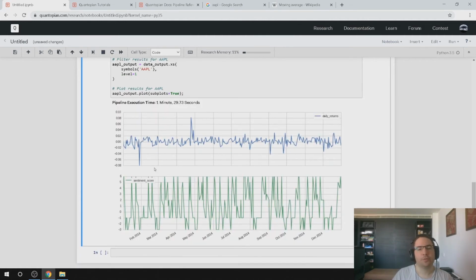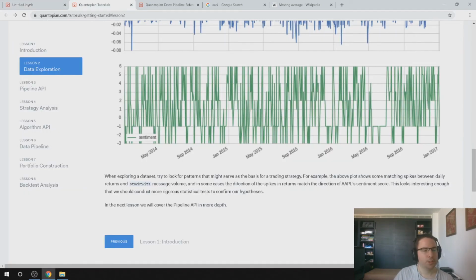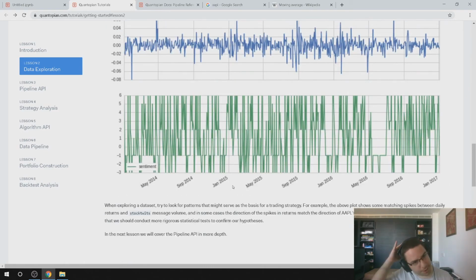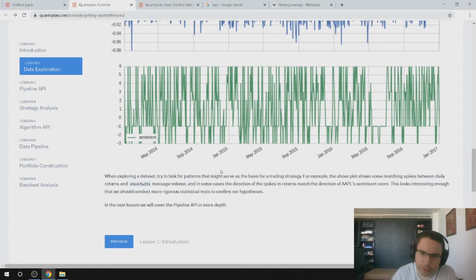Okay, so we've got the daily return, the stock moving up and down in price, and we've got some kind of measure of sentiment. So we basically believe that sentiment and price are related, or returns are related.